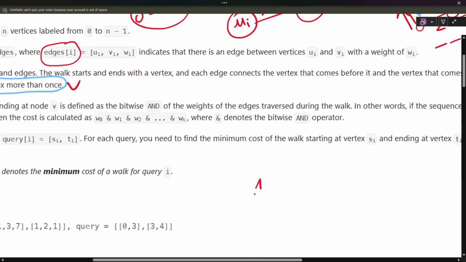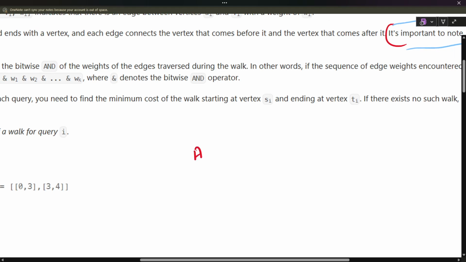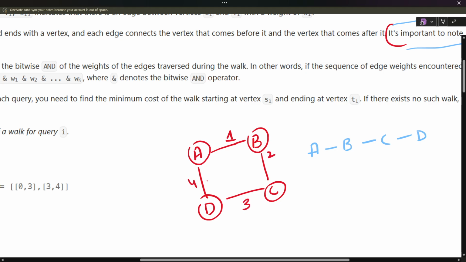Suppose there's a graph something like this. Let me just name the nodes alphabetically: A, B, C, D. If we take the path from A to B to C to D, suppose their weights are 1, 2, 3, and 4.